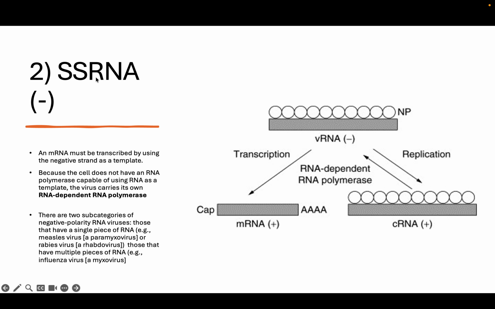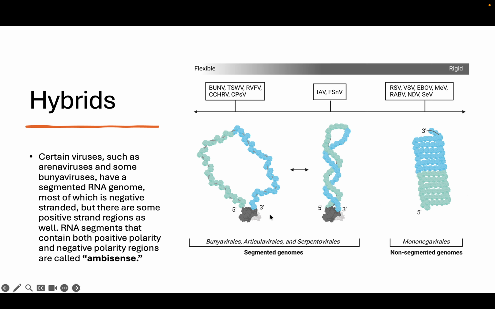But in the case of single-stranded RNA with a negative polarity, the virus has to have its own RNA-dependent RNA polymerase. So this is your viral RNA, hence the V, the negative strand. Then the RNA-dependent RNA polymerase is going to transcribe it into a positive mRNA. So that's how they reach this mRNA.